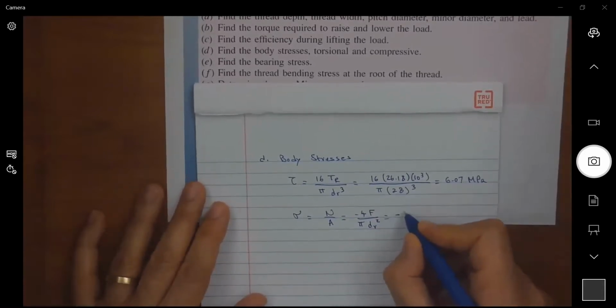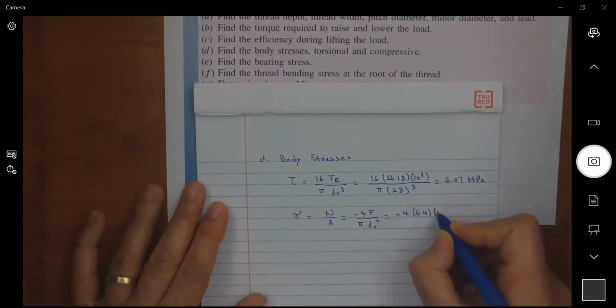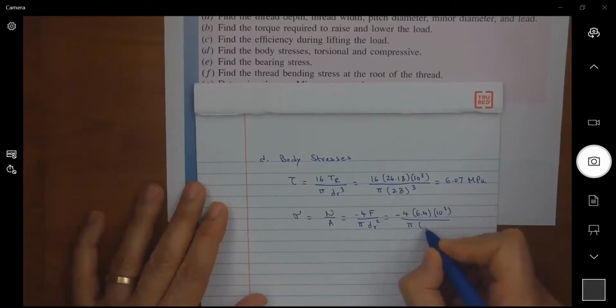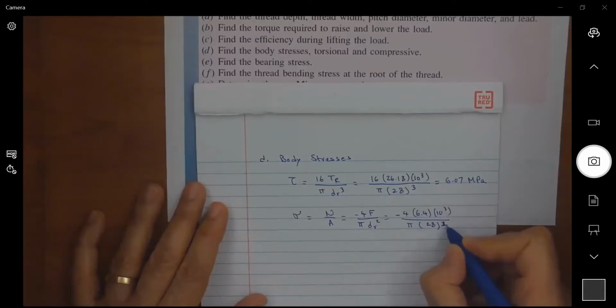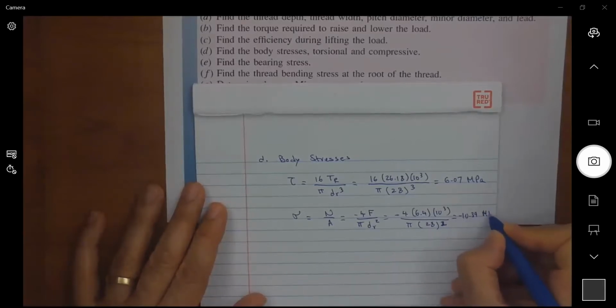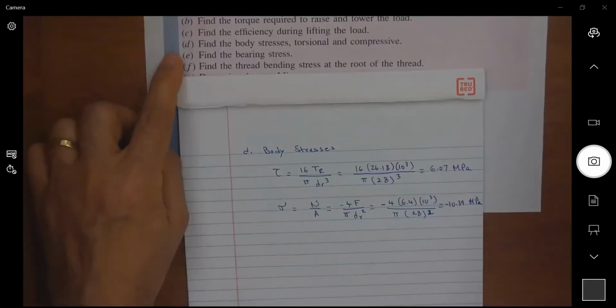This is equal to minus 4 times 6.4 times 10 to the power 3 divided by pi 28 squared, which is equal to minus 10.39 megapascal. So this takes care of part D.